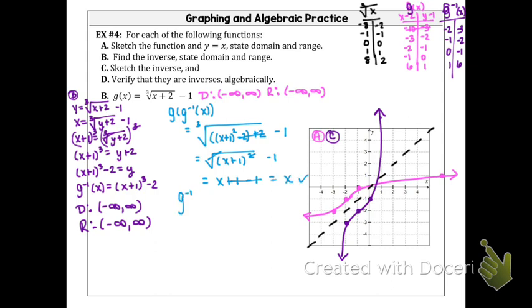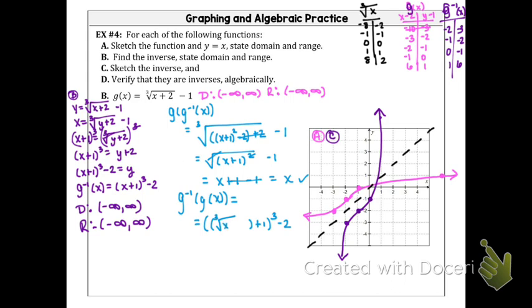And then do the inverse of g of x. So now inverse is my skeleton. So it's x plus 1 cubed minus 2, and we're going to plug g, the original one, into it.